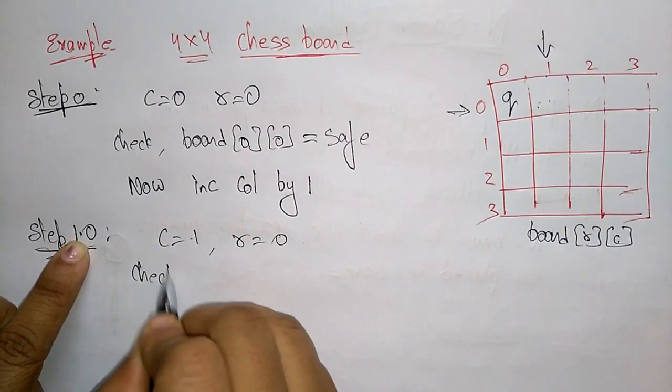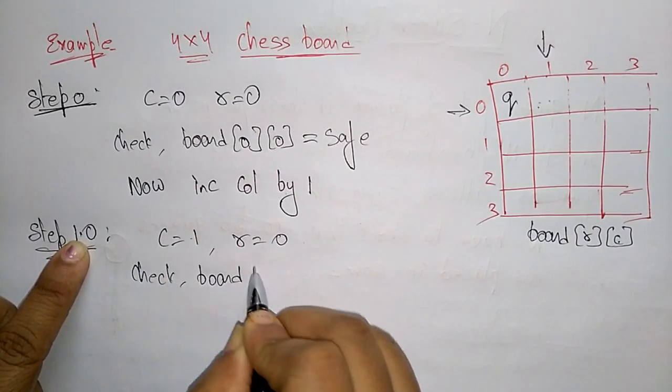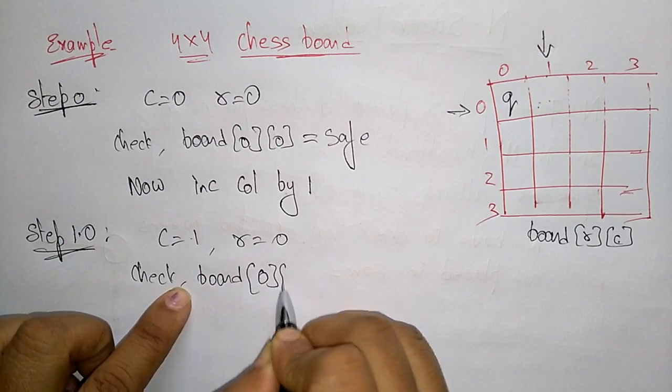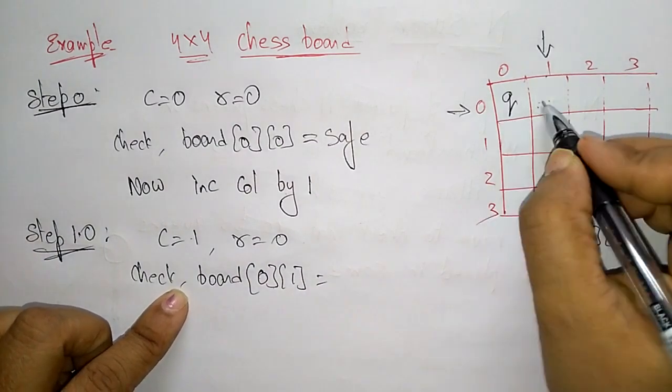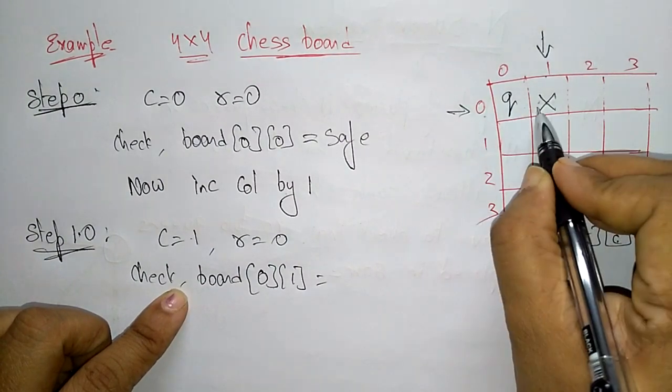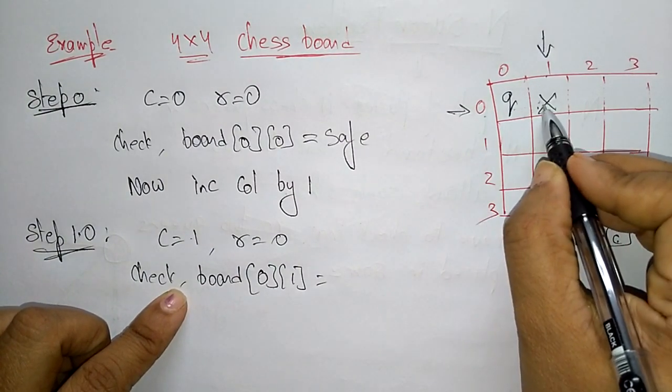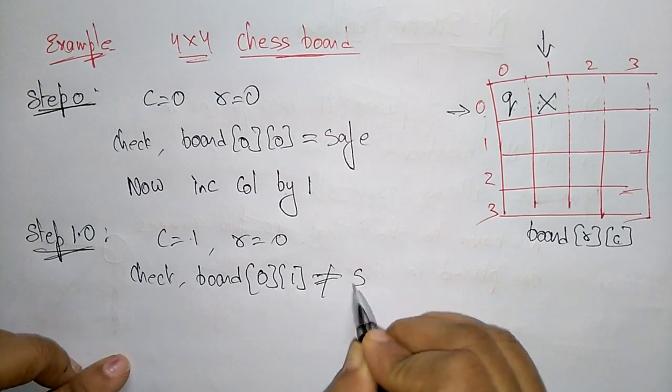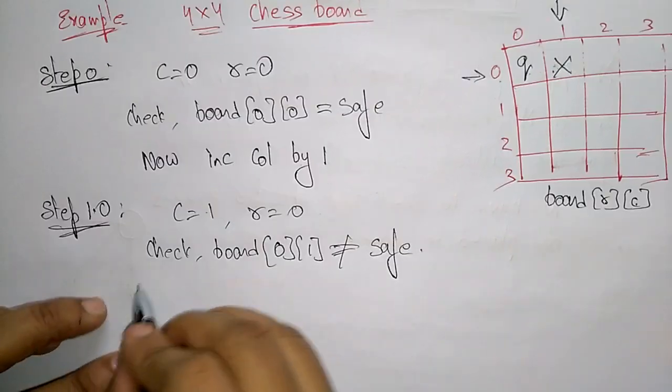Now check the board: is row 0, column 1 safe or not? No, it is not safe, because you can't place the Q in the same row. So whenever it is not safe, you have to increment.